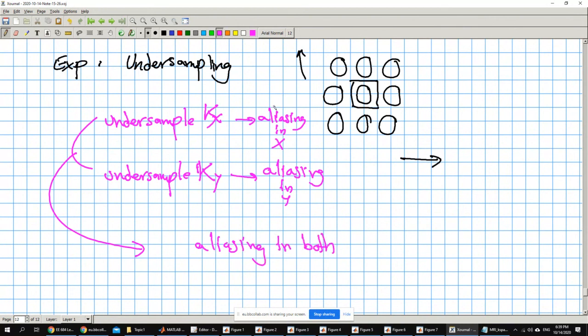Okay, so now when I have aliasing in X, if X is this direction here, this distance here is the sampling rate. If I make the sampling smaller, then this distance will be smaller. So basically this will come out like this. This will come out here like this. And it's exactly the same here.